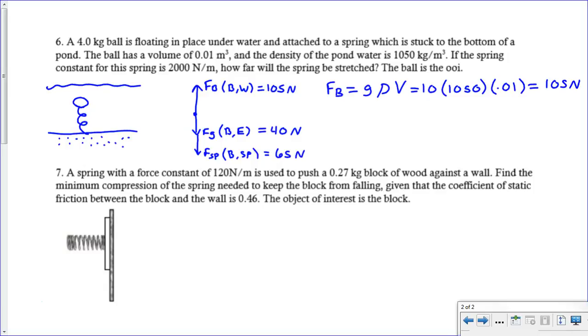And then it's asking how far the spring has been stretched. So over here on the side, we can do the spring equation. We know that F spring equals Kx, the spring constant times how far it's stretched. We want to know how far it's stretched, so we'll solve for x here. X is going to equal the spring force divided by the spring constant, which in this case is 65 divided by 2,000.